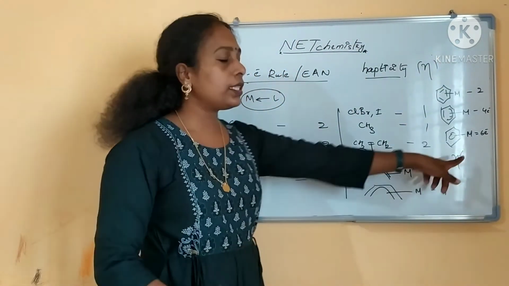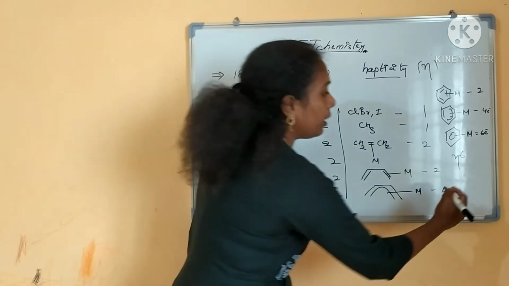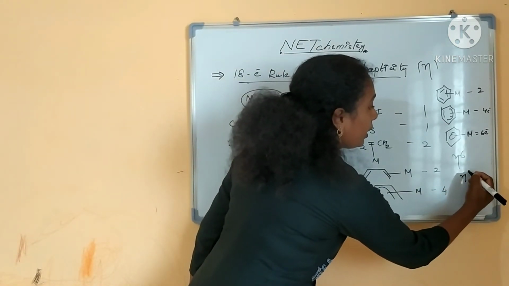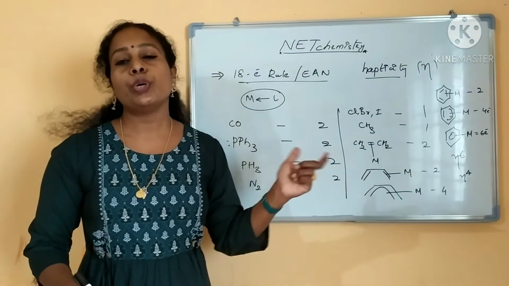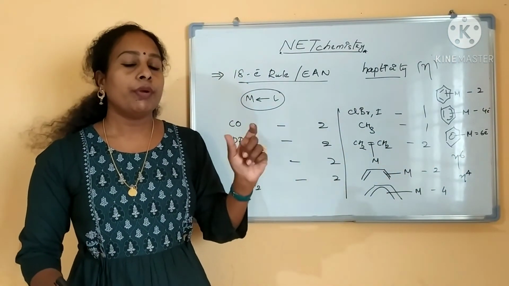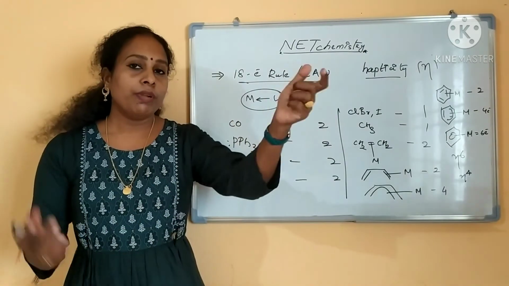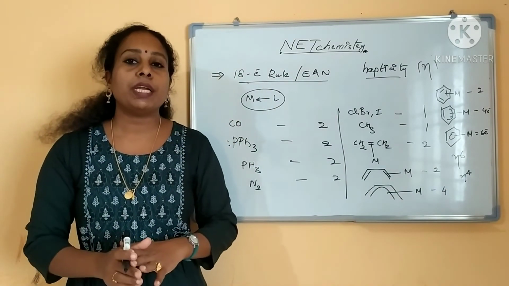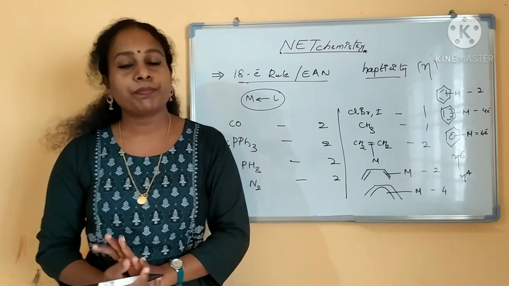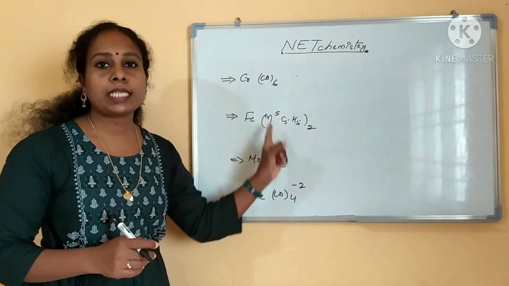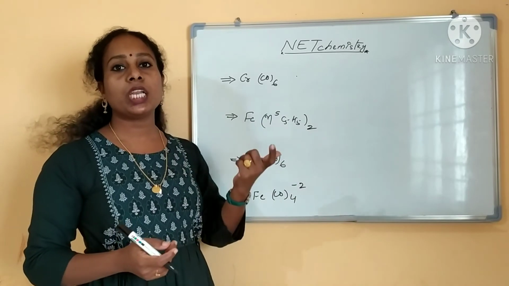Eta 6 means it is donating 6 electrons; if the ligand has eta 4, it will give only 4 electrons. Based on that you have to apply the 18 electron rule. You will get a list of compounds and have to find out which one is the stable compound, while calculating the valence electrons.